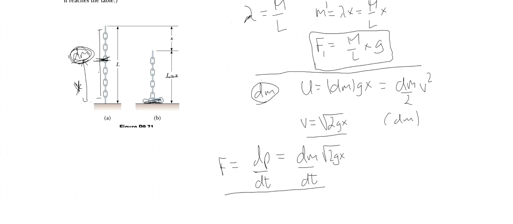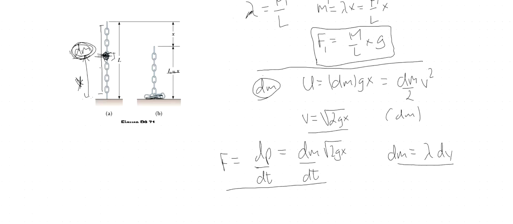Now what we need is to get a closed expression by using the linear mass density. The actual mass of this tiny chunk of the chain, which I've been calling dm until now, can be written as lambda times dy. dy is an infinitesimal length in this direction.